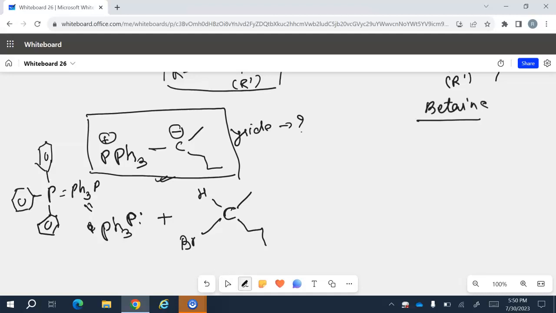So what are the things needed? Carbon with whatever groups you wanted to put, two of those groups, and the other one has to be hydrogen and one has to be halogen, chlorine, bromine, and so on. So what happens is these two then will react by the SN2 mechanism with the bromine leaving.